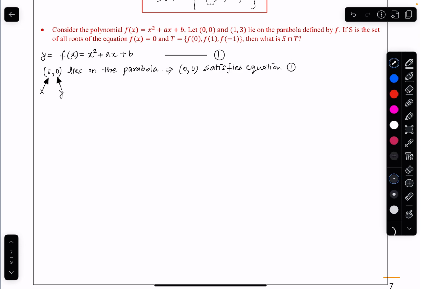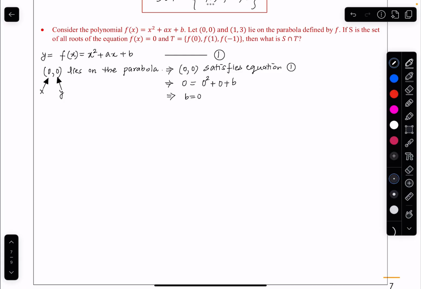When x is 0, y is 0, so this thing becomes 0, then x squared would be 0 squared, a into x would be 0, plus b. That gives me the value of b. b is going to be 0.